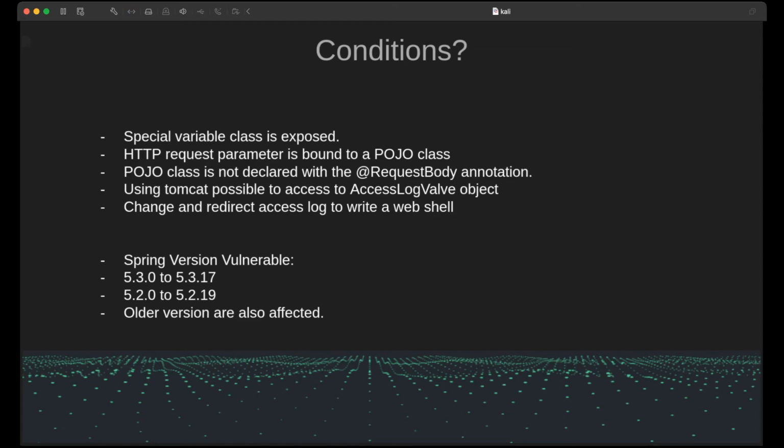Overwriting this log, we can put it in some accessible directory. We can write inside this log some JSP file, some malicious code, and pretty much we have RCE. So yeah, that's the vulnerability.